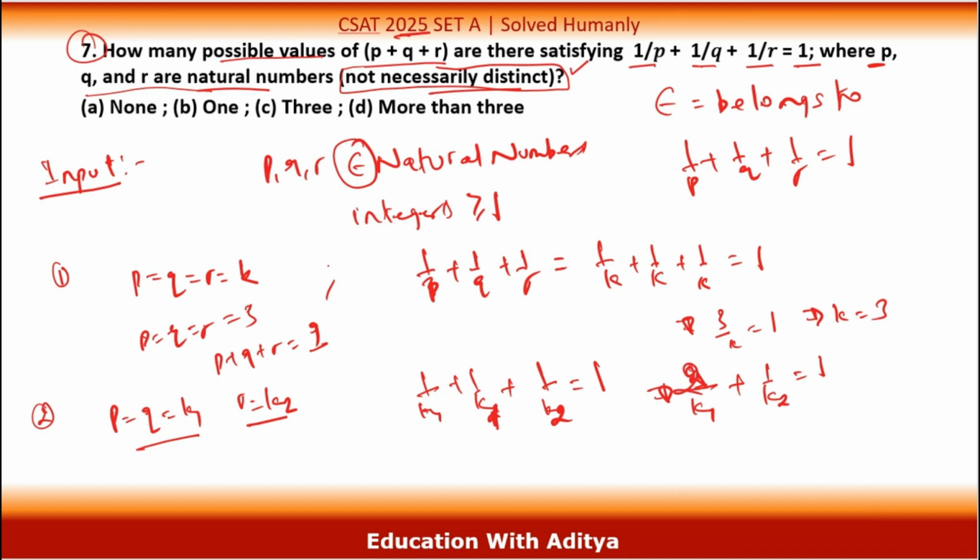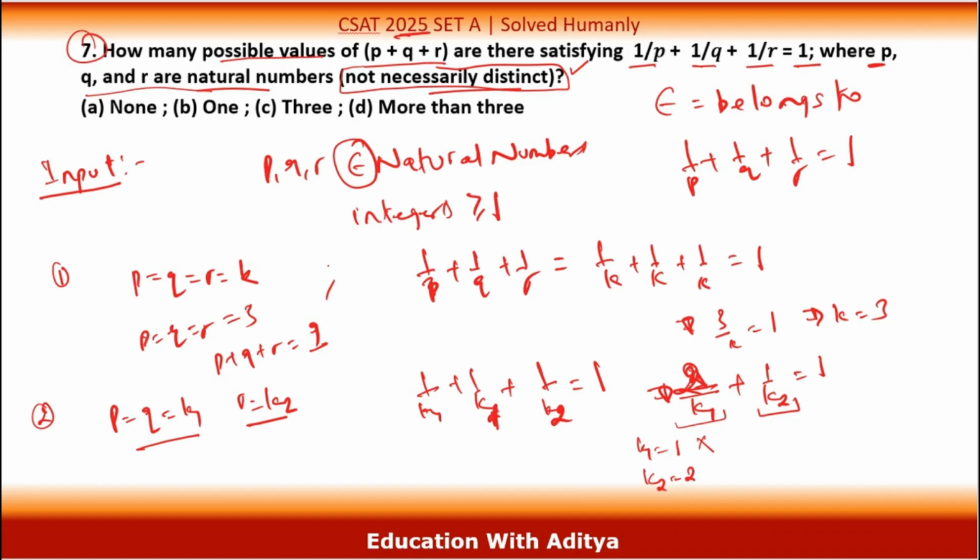Now I cannot solve this equation any further, so I have to take some cases. By looking at this, these are two positive numbers whose sum should be 1. So if I take K1 equals 1, then 2 upon 1 is 2, which is greater than 1. Not possible.